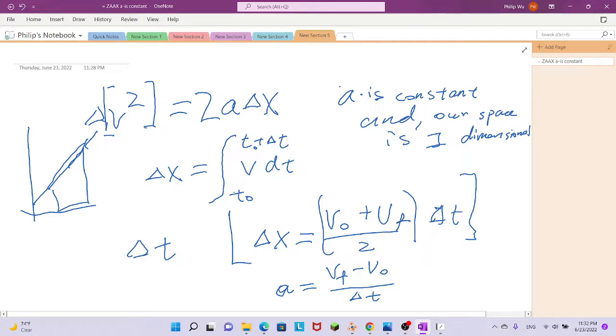We've derived these two equations, and now it's very trivial to see that this expression holds.